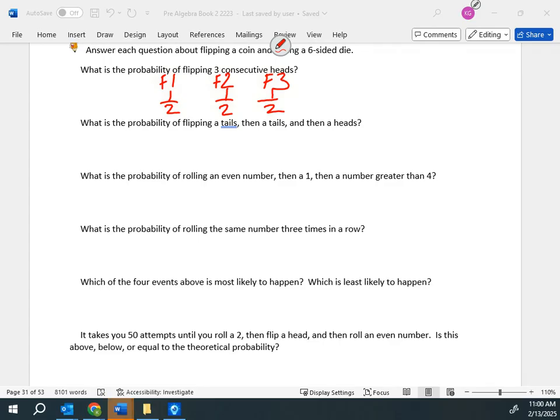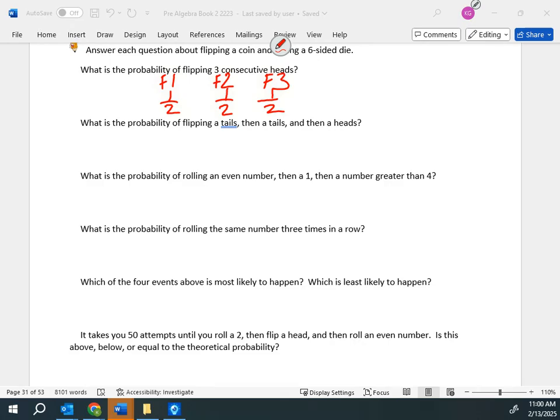So slow yourself down. Do each individual event, then multiply across, then you're going to find that percentage. Let's look at our next one. So you're going to write down your answers for that one. What is the probability of flipping a tails, then a tails, then a heads?